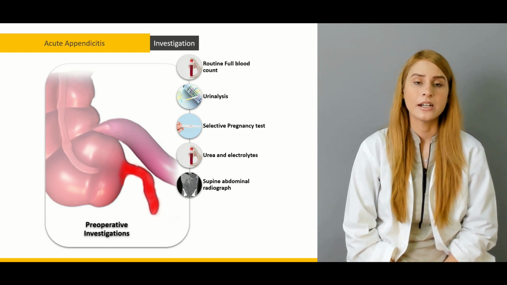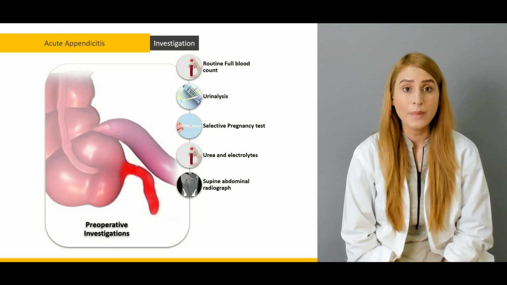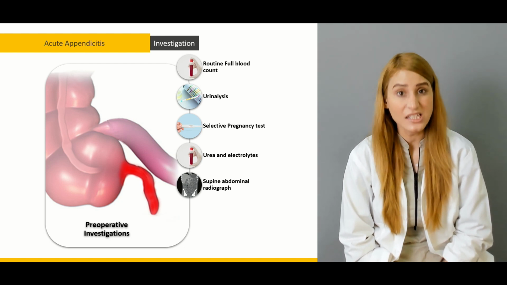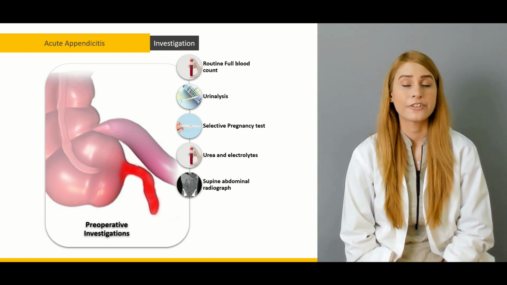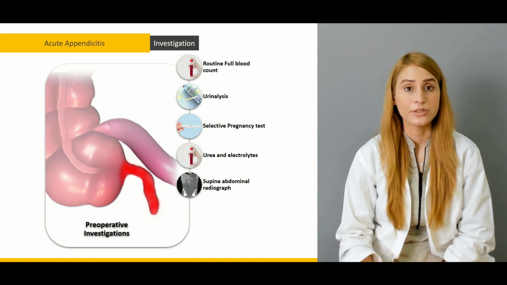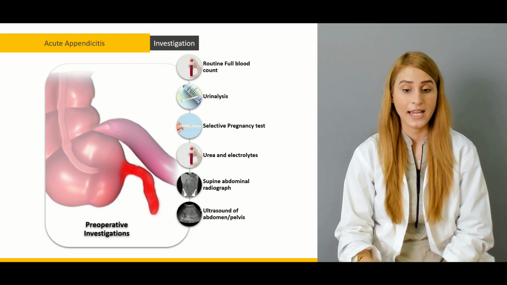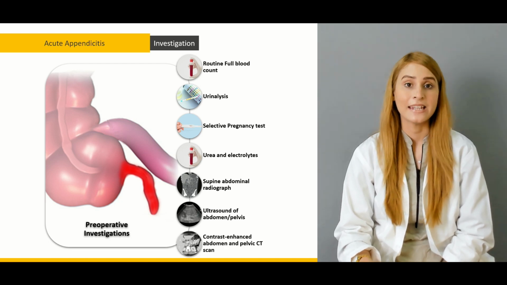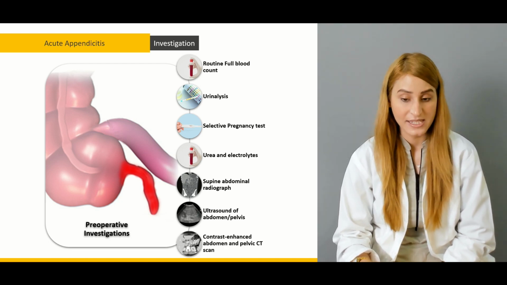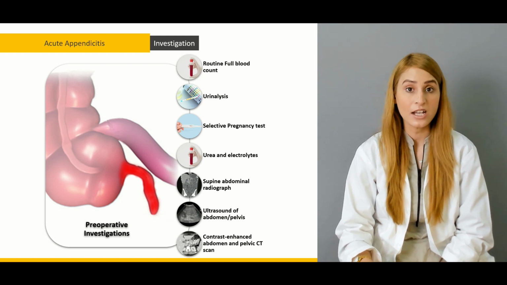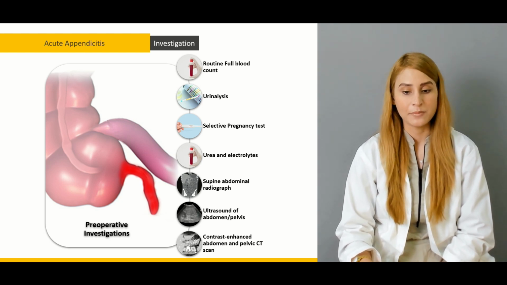In a supine abdominal radiograph there can be gut distension, but in an erect abdominal radiograph, you can find air fluid levels. And then you have to go for the ultrasound of the abdomen or pelvis. And the gold standard for appendicitis is a CT scan, which is a contrast enhanced abdomen and pelvic CT scan.